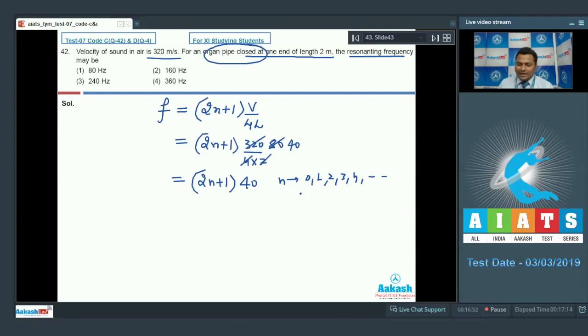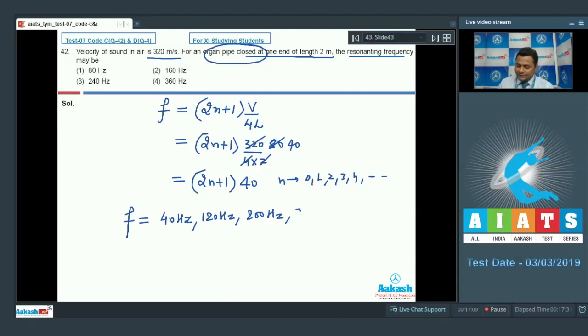Let's plug the values of n one by one and see the possible frequencies. So if we put 0, we get 40 Hertz. If we put 1, we get 120 Hertz. If we put 2, we get 200 Hertz.